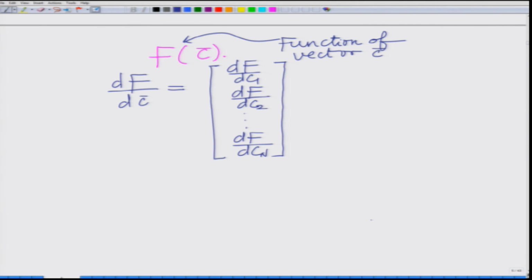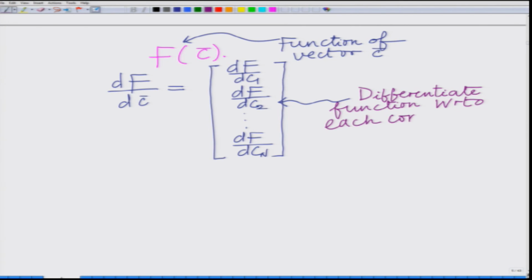That is, we have to differentiate the function with respect to each component of the vector. Differentiate the function with respect to each component of this vector C bar, that is basically your vector derivative.